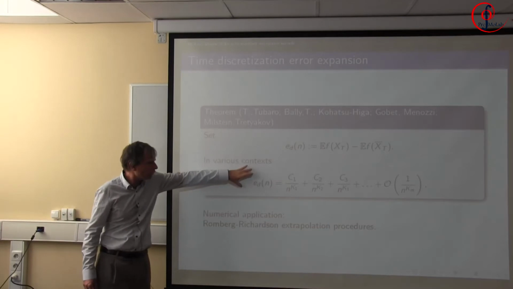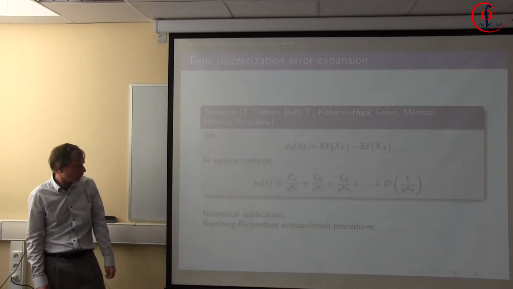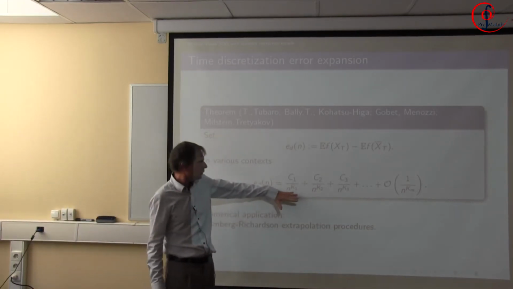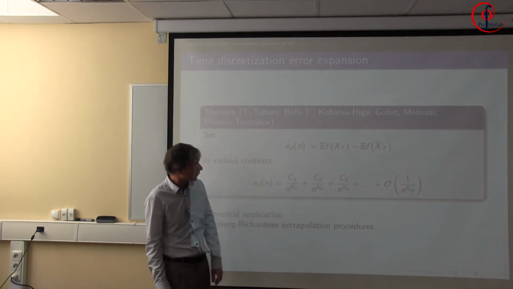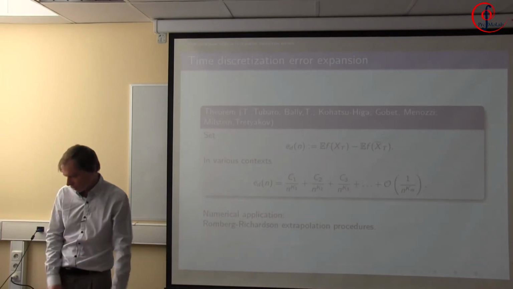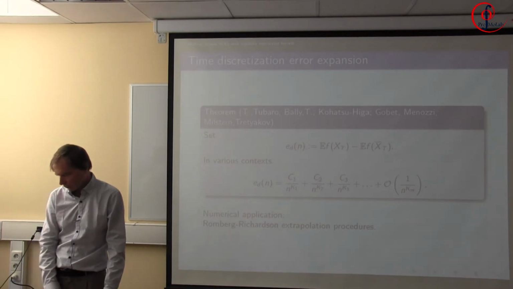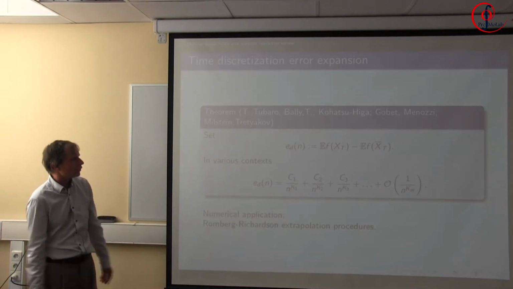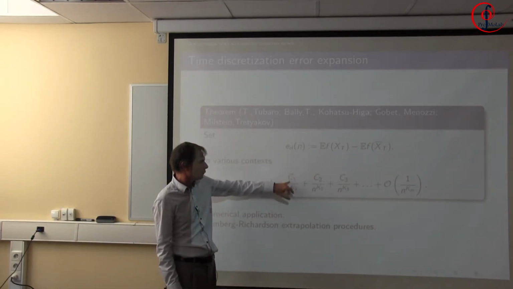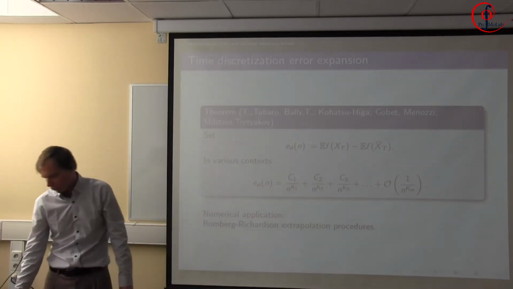And the interest of this expansion is that then you can develop numerical Romberg-Richardson extrapolation procedures to increase the accuracy of the Euler scheme simply by running the scheme with two different step sizes and combining the results by a linear combination. Instead of getting an accuracy of 1 over n, you can get 1 over n squared, etc. Okay.